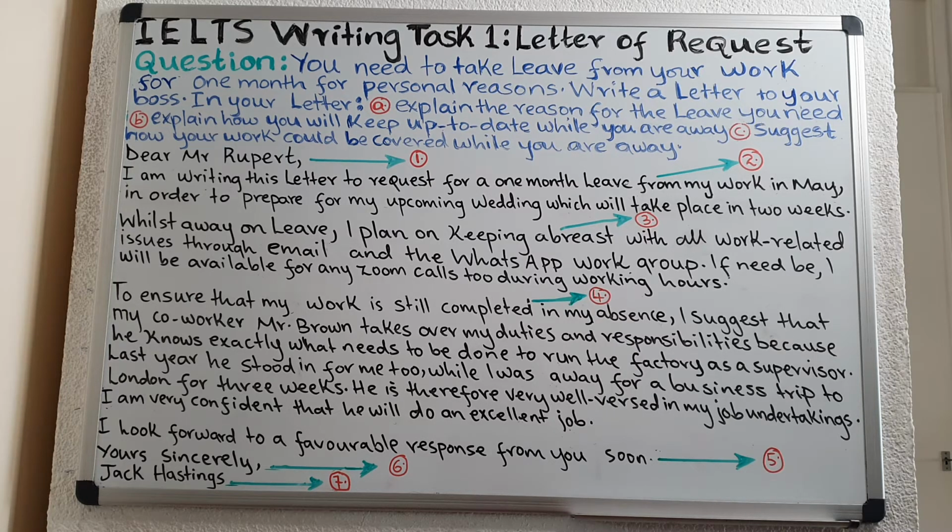Maybe one of your family members is sick. Maybe you yourself, you are unwell and you want to be away from work for a month. Maybe you need to travel to address a pressing family issue, family problem. So whatever you write about, it has to be something personal.